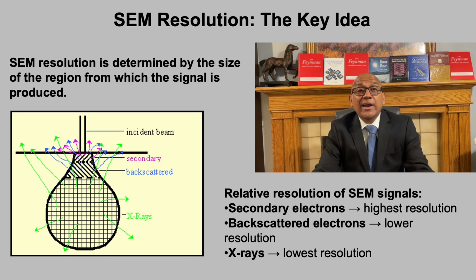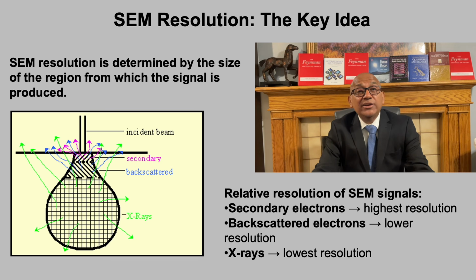In scanning electron microscopy, image resolution is not determined only by how finely the electron beam is focused. Instead, it is fundamentally controlled by the size of the region from which the detected signal is generated. If a signal originates from a very small volume, fine spatial details are preserved.